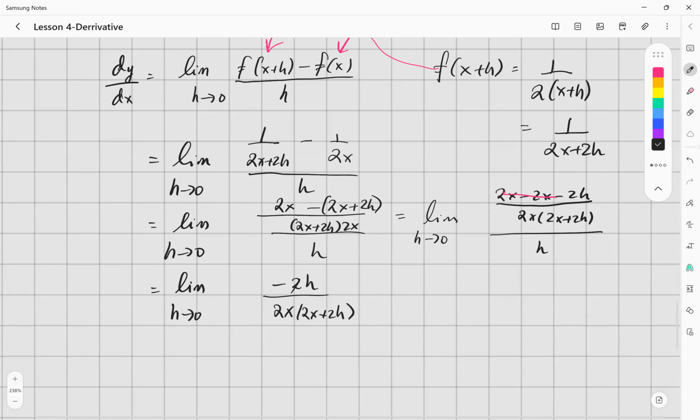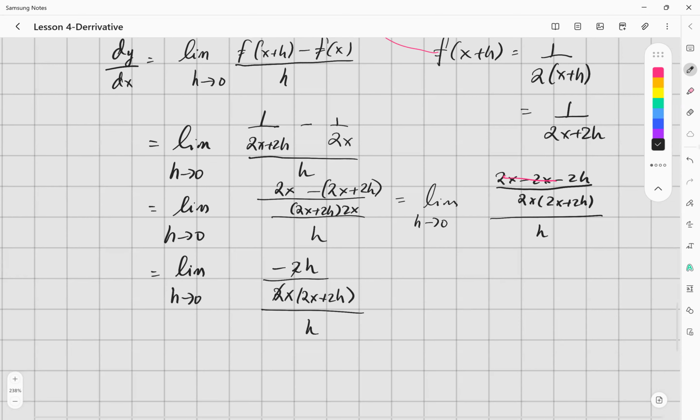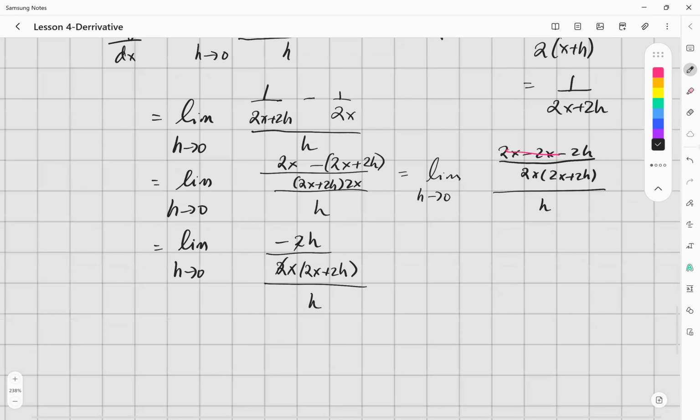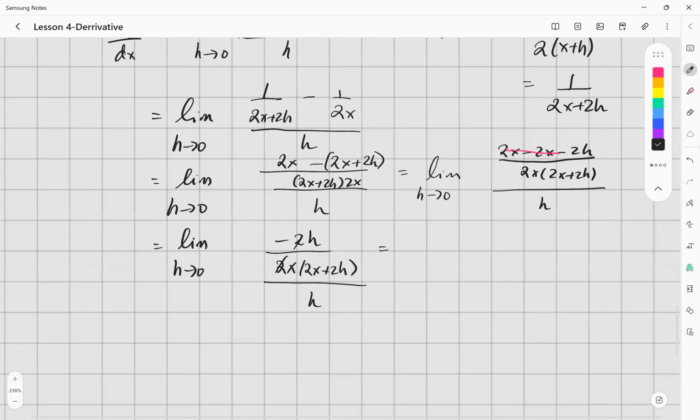And then you cancel out this h and h, divided by h. So the limit of negative h over 2x times 2x plus 2h as h approaches 0, you can reciprocate this, becomes 1 over h. When you do that, this cancels out.